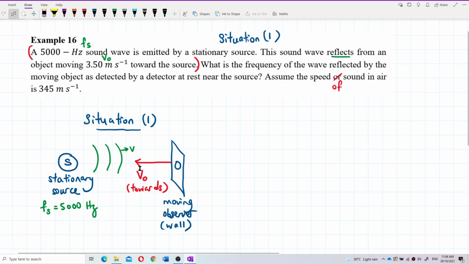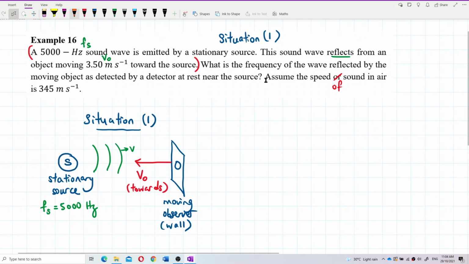So what is happening next? The second situation is: what is the frequency of the wave reflected by the moving object as detected by a detector at rest near the source?